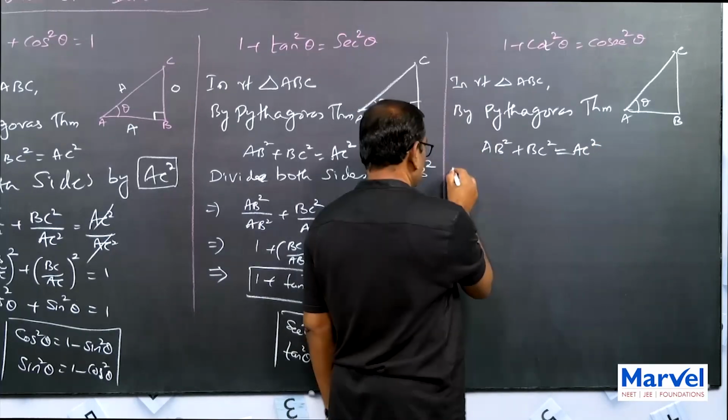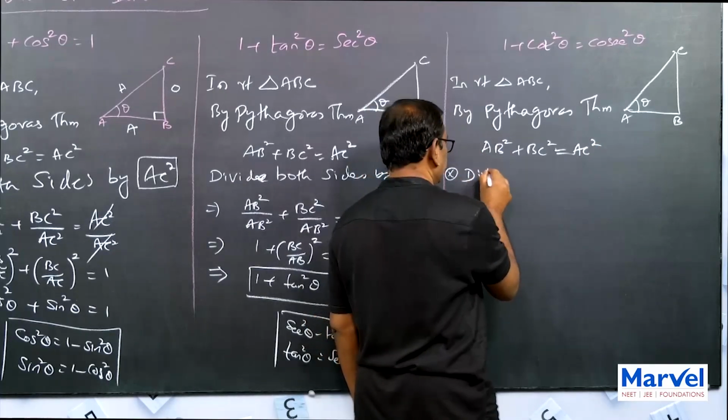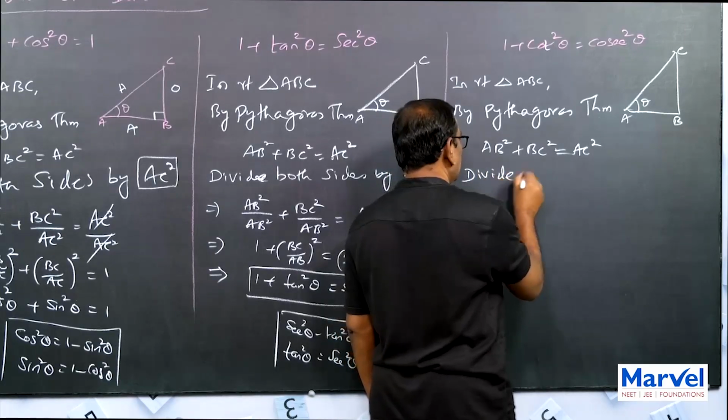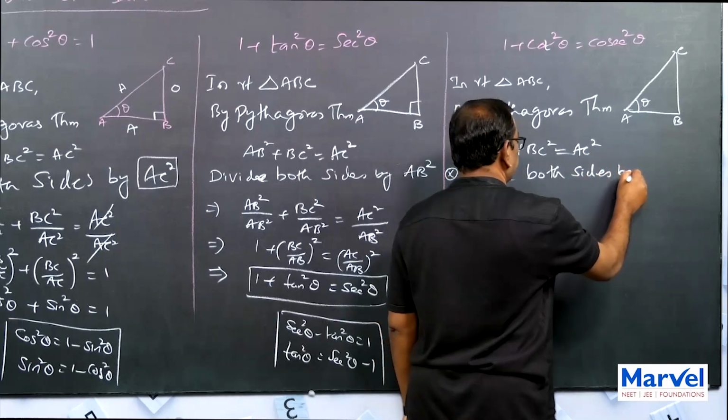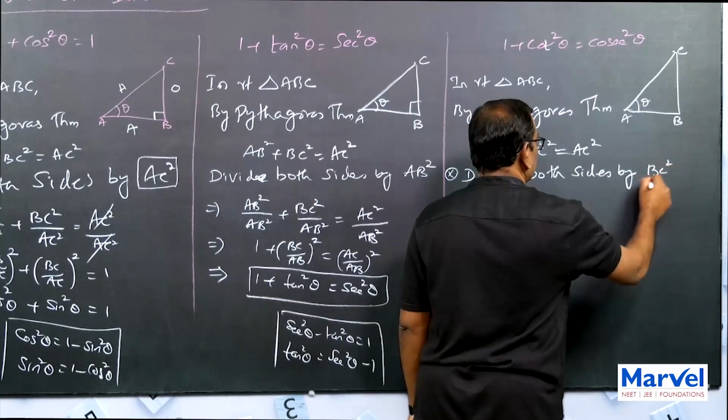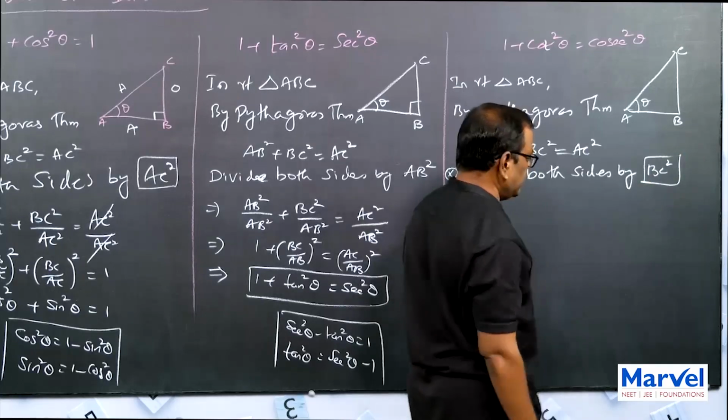But this stage is very important. Divide both sides by BC square.